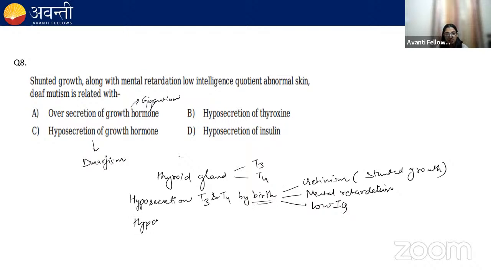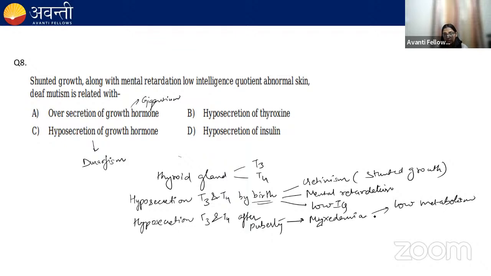If there's a hyposecretion of T3 and T4 after puberty, then it leads to a disease which is known as myxedema. Myxedema will lead to low metabolism and weight gain.